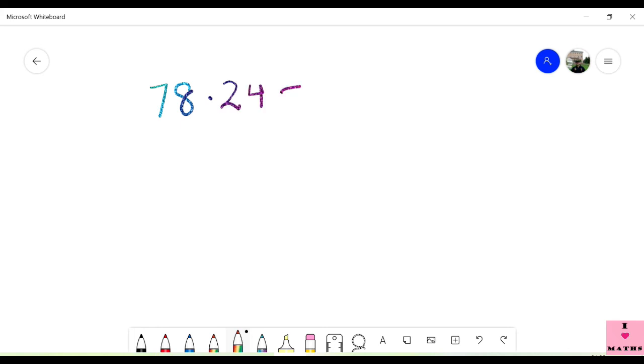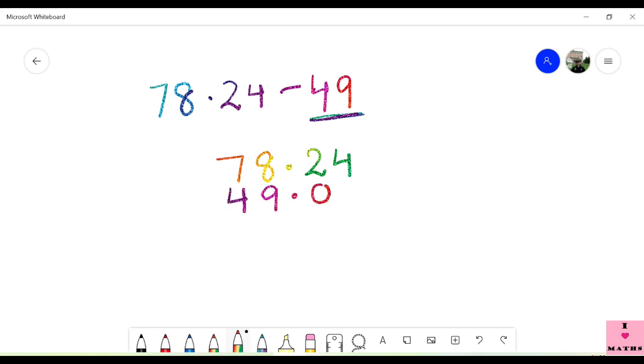78.24 minus 49. So we will write 78.24. Now children, again 49 is a whole number. There is no fractional part or decimal part. So we will write 49 as 49.00.